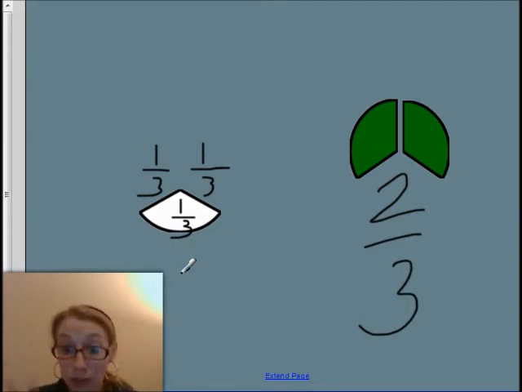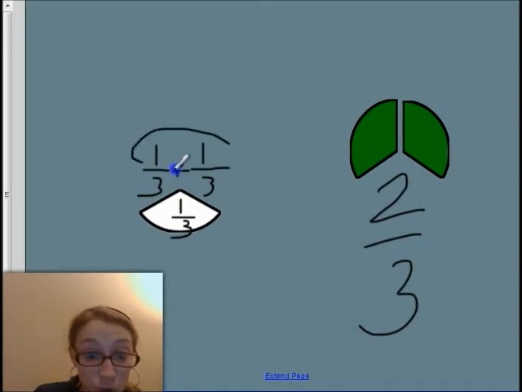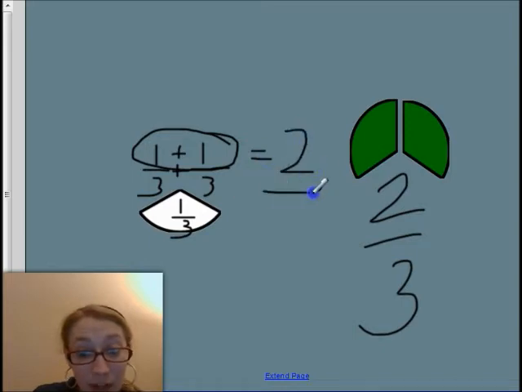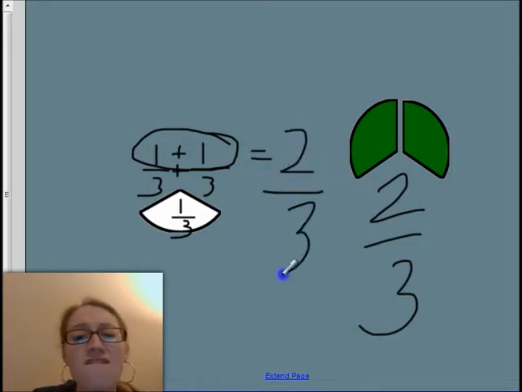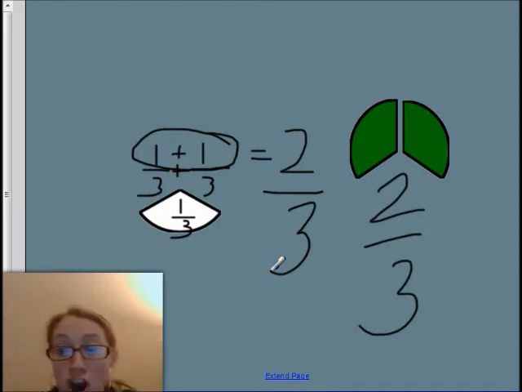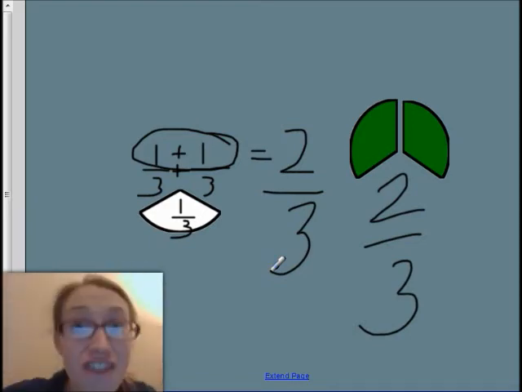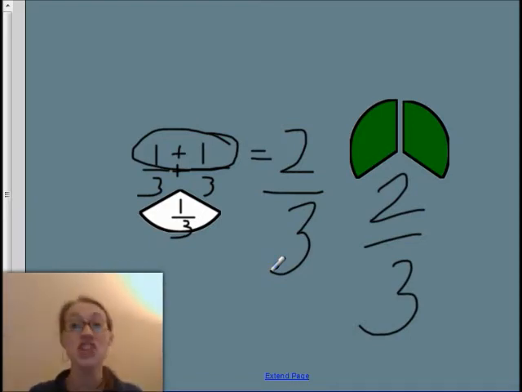Look, 1/3 plus 1/3. That's 2. 1 plus 1 equals 2. And remember, your denominator can never, ever change. Your denominator is always the same because you always have that many pieces in that piece of cheese.